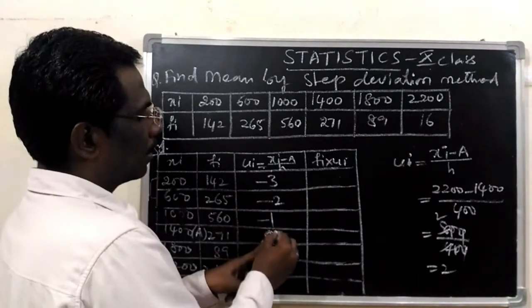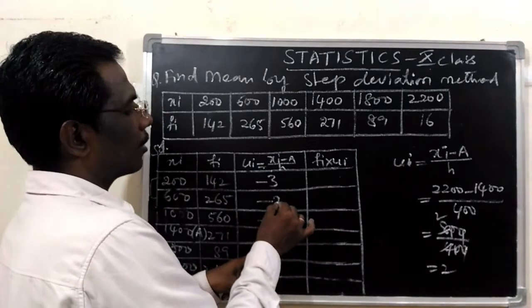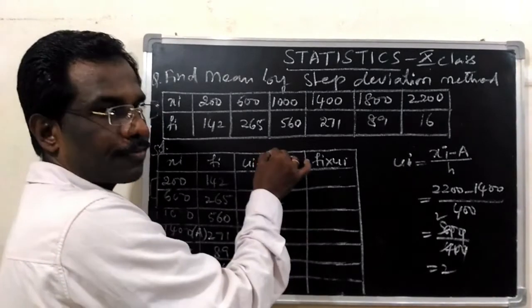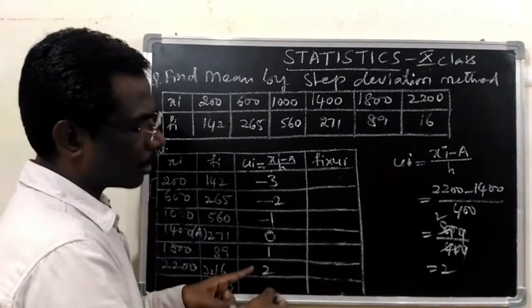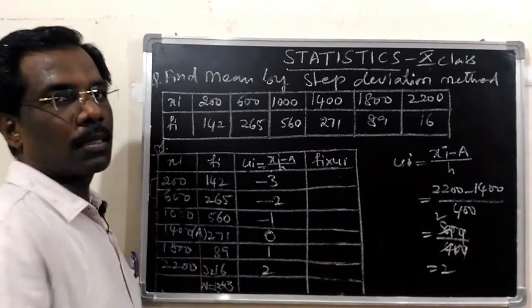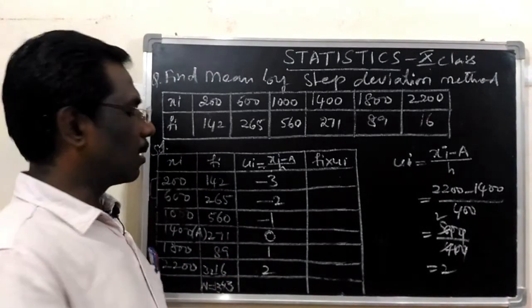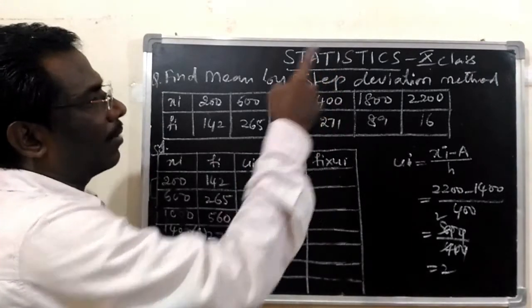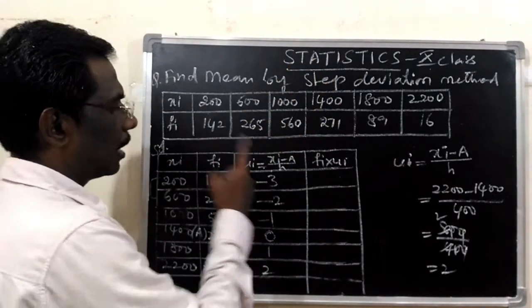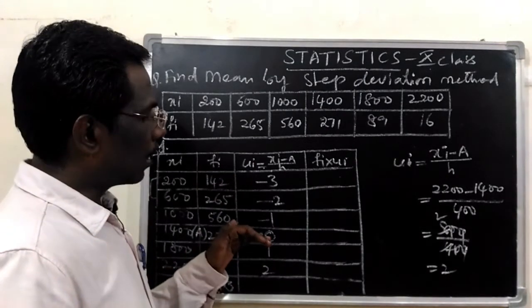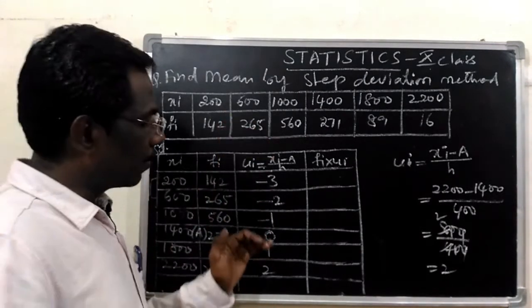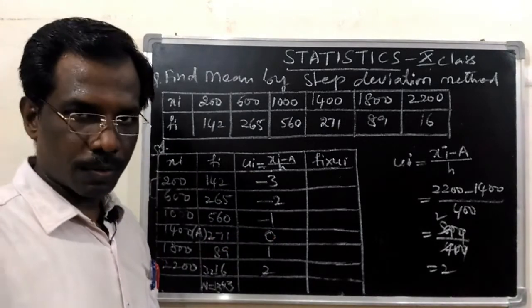So upwards we can write minus 1, minus 2, minus 3, minus 4, minus 5, like that, and downwards 1, 2, 3, 4, 5, like that. So in the step deviation method, for the ui values, 0 is in the middle, above the 0 are negative values and below the 0 are positive values.